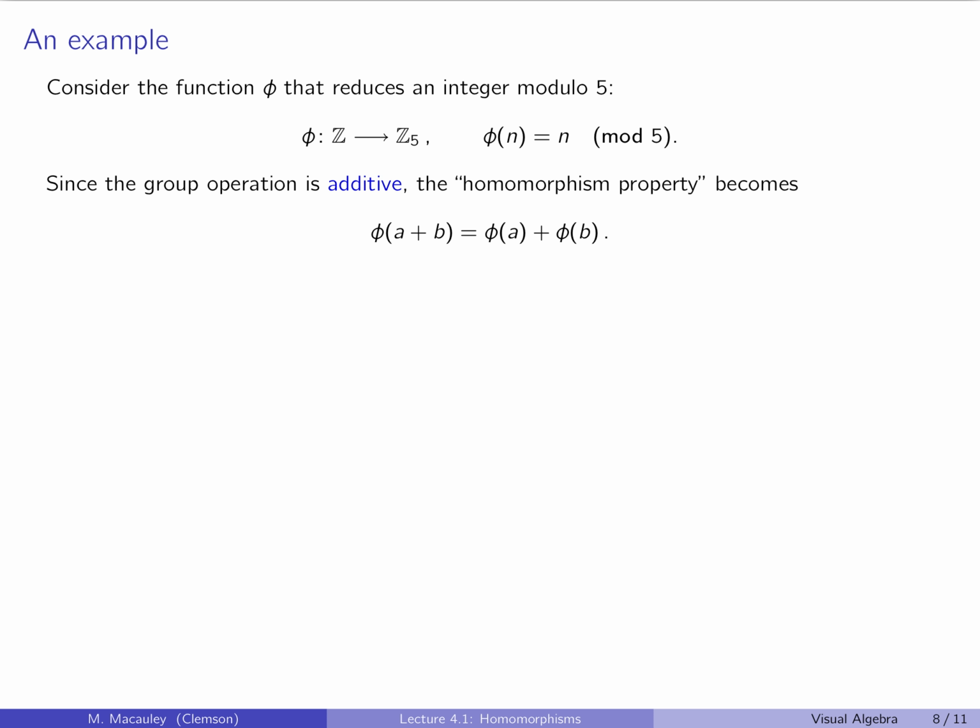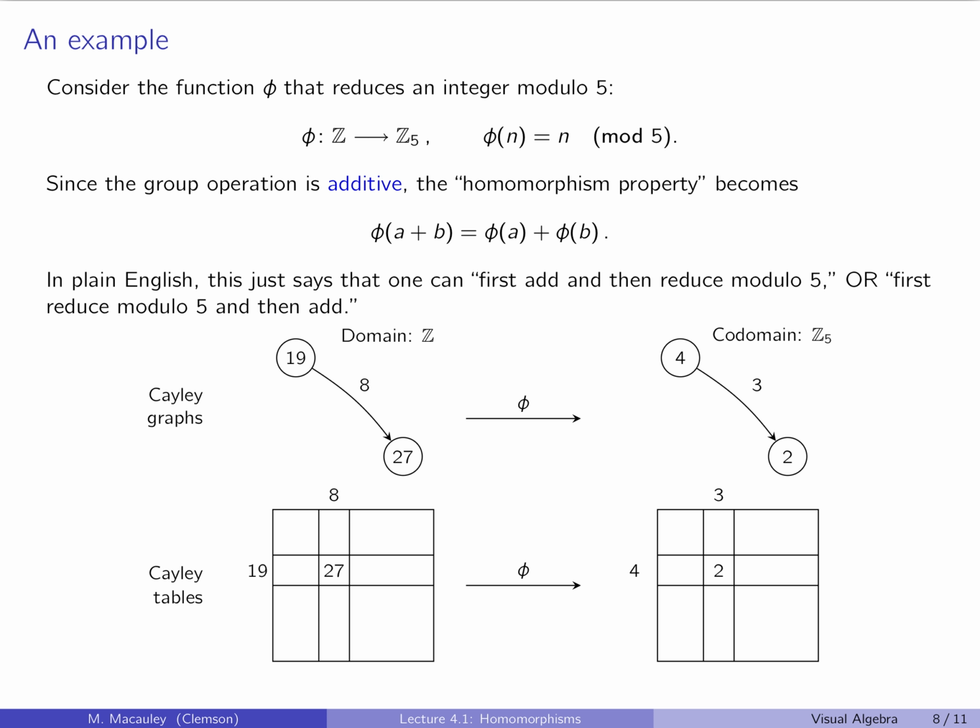Since the group operation is additive in both the domain and the codomain, the homomorphism property becomes phi of A plus B equals phi of A plus phi of B. In plain English, this just says that one can first add and then reduce the result mod 5, or one can first reduce mod 5 and then add the result mod 5.